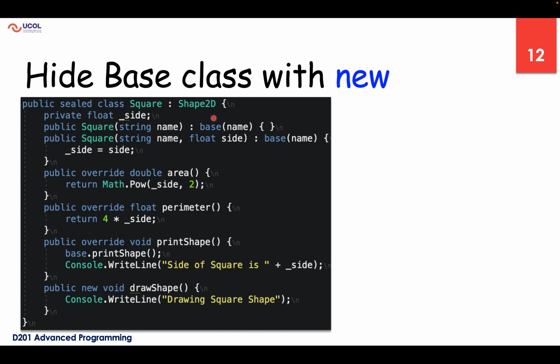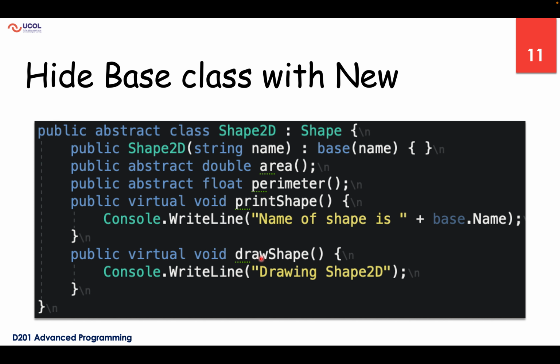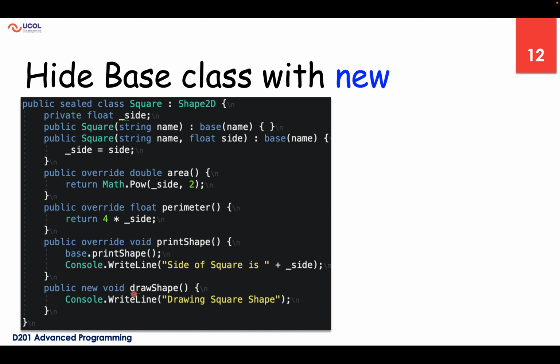Now in the square class, instead of overriding, instead of saying public override void draw shape, we say public new void draw shape. As you see, we have a draw shape method in the base class, and now we are defining the draw shape method in the child class, but we are using the new keyword. So what will happen here?